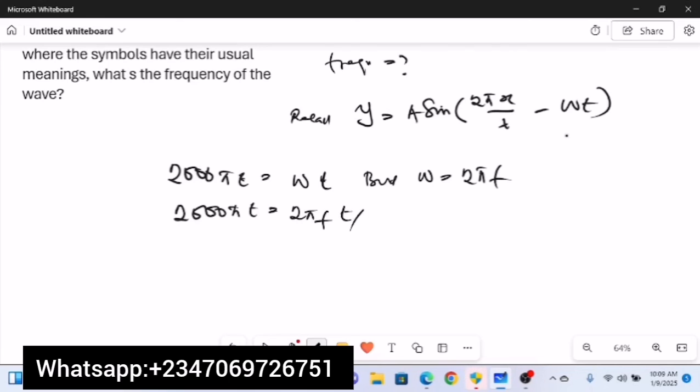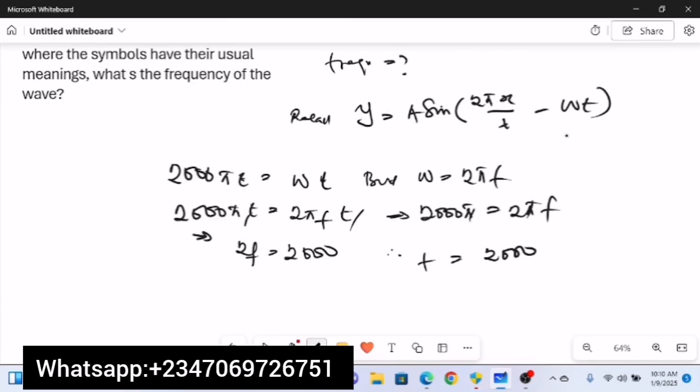Observe that t cancels t, and pi cancels pi as well. So this implies that 2f is 2000. Making the frequency the subject, that becomes 2000 divided by 2, which gives 1000 hertz. So for that given question, the frequency is simply 1000 hertz.